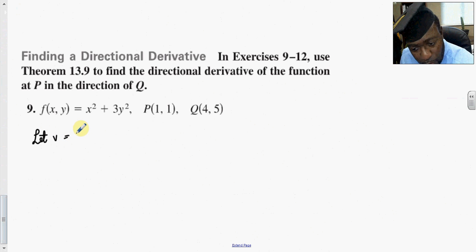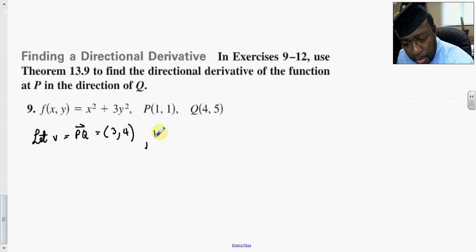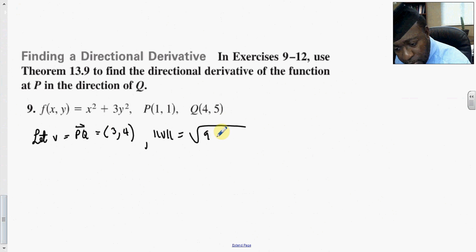So let v equal the line segment pq, which is 4 minus 1, 3, comma 5 minus 1, 4. And the norm of v is the square root, looks like a previous problem, 3 squared, which is 9, plus 4 squared, 16. So we get the square root of 25, that gives us 5.